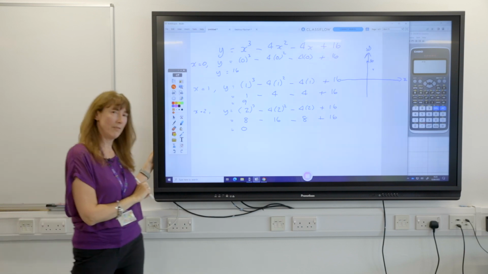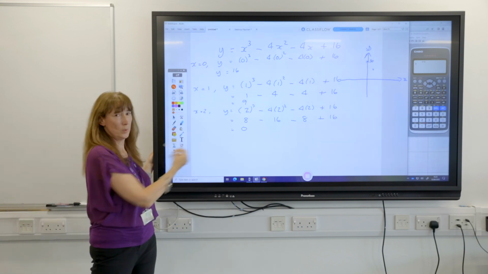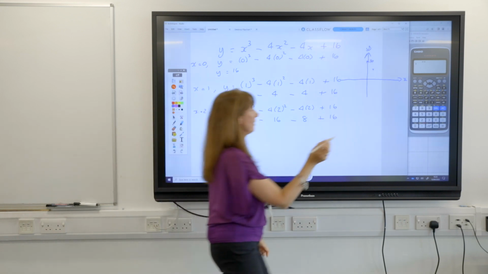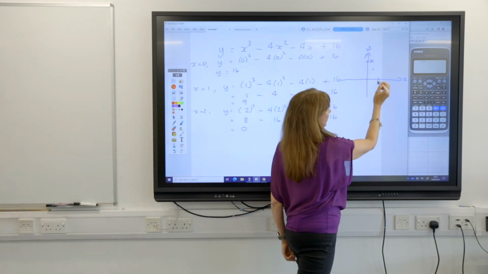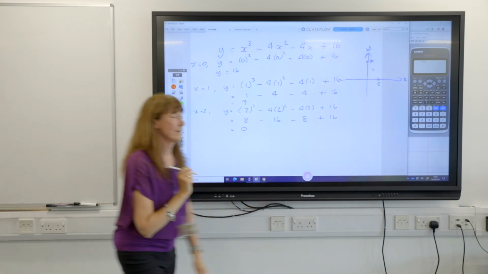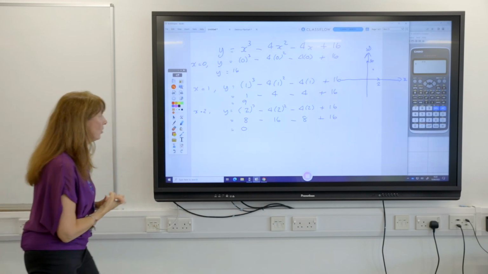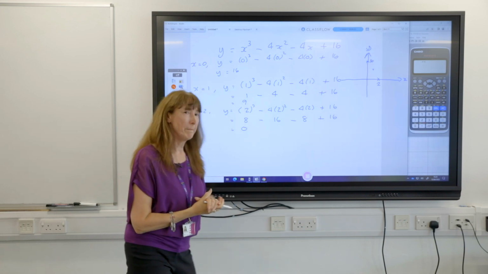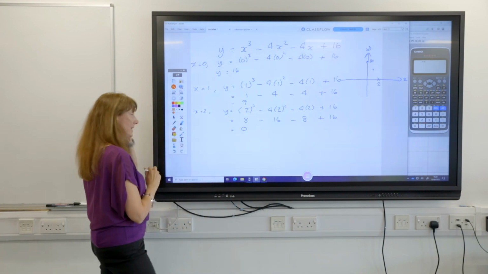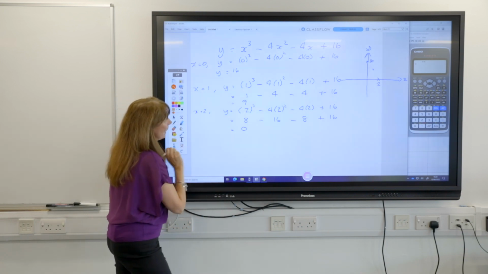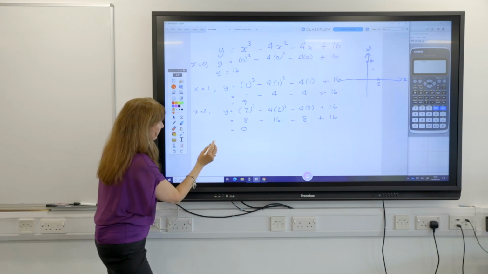So that means we have the coordinates of 2, 0. So I know one of the points, called the roots of the equation, is going to be when x is 2. So we'll do the same thing to try and find the other values. But to cut this a little bit short, because we're doing the same thing, I can tell you what they are.